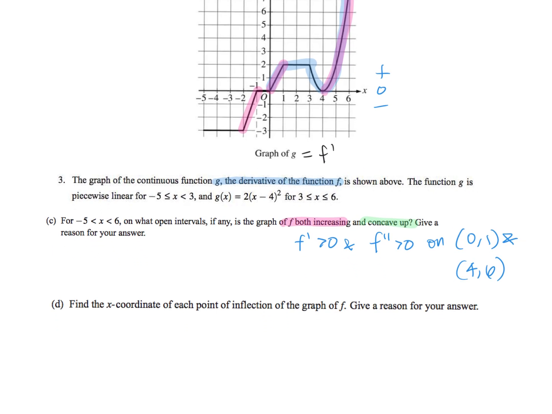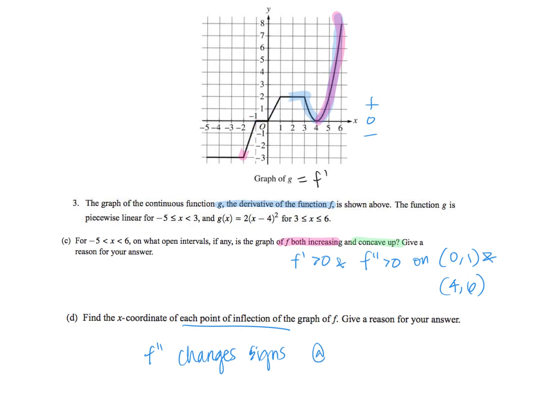Last thing, find the x-coordinate of a point of inflection. My rationale is going to be F double prime changes signs. That's what gives us a point of inflection. Where does my F double prime change signs? This has to be at a point. It's called a point of inflection for a reason. What's my F double prime here? 0.